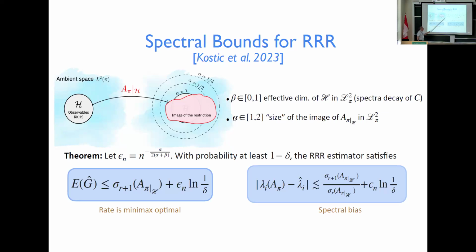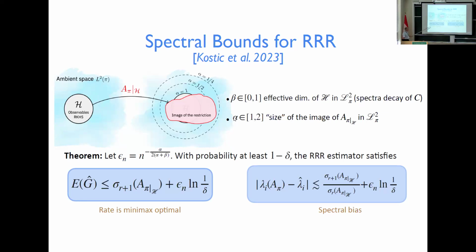The case of alpha equal to 1 corresponds to the so-called well-specified case, in which you know that the reproducing kernel Hilbert space is an invariant subspace. Actually all these cases correspond to the well-specified case with different levels of smoothness, if you want.